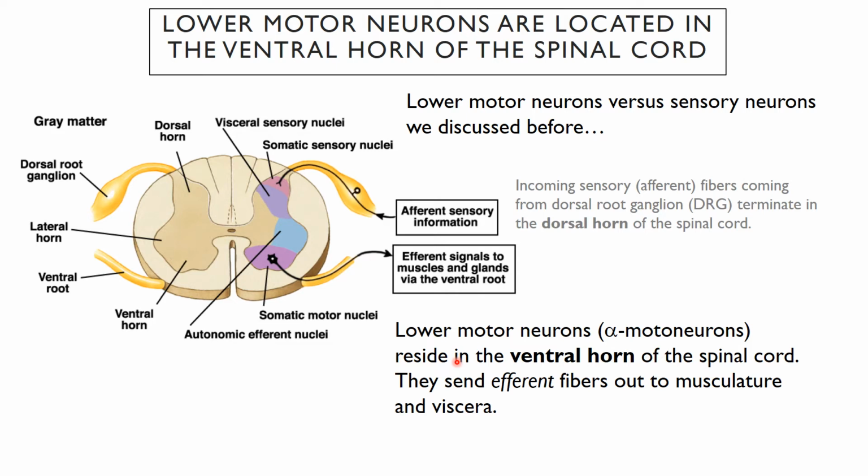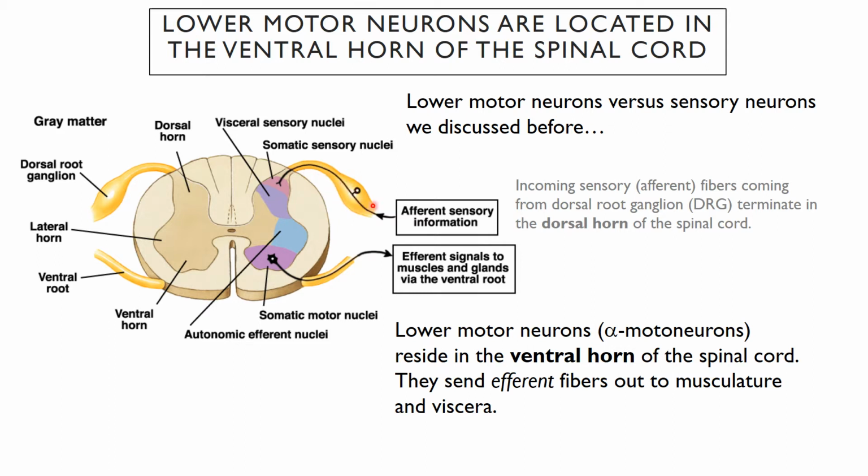So this is a cross-section of the spinal cord shown here. This is the dorsal side, this is the ventral side. We have already spent a lot of time learning about the dorsal side, where we have sensory information, say from touch or pain, coming through the dorsal nerve.